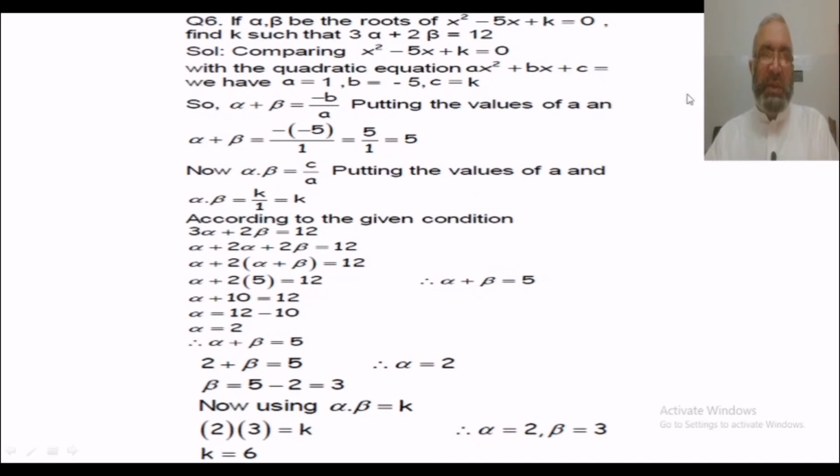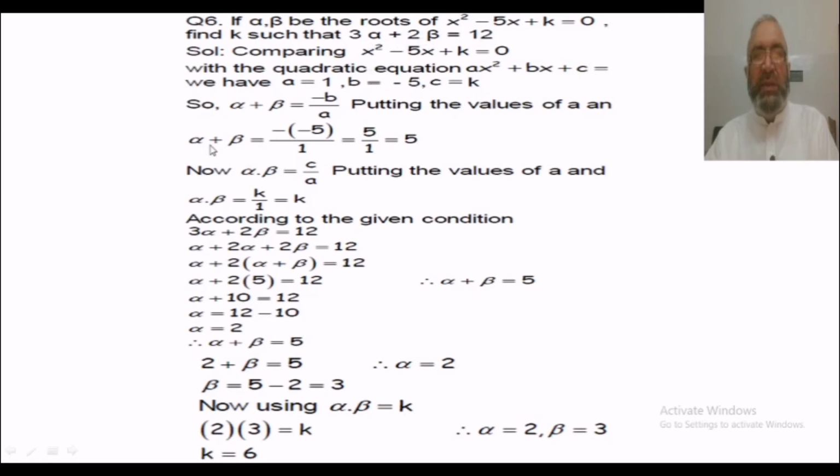Next comes question 6. If alpha, beta are the roots of x square minus 5x plus k equal to 0, find k such that 3 alpha plus 2 beta is equal to 12. Another condition: one equation is given in respect of alpha and beta. So first of all, we have two methods.